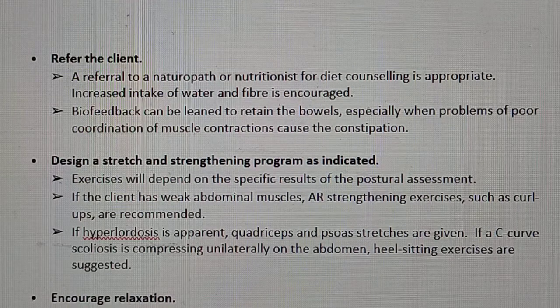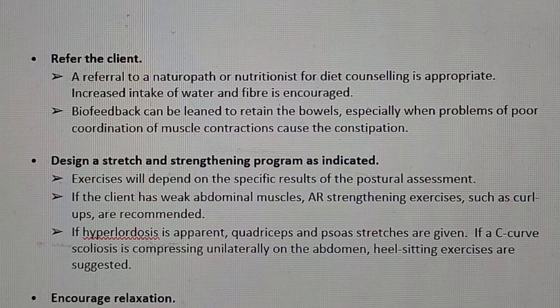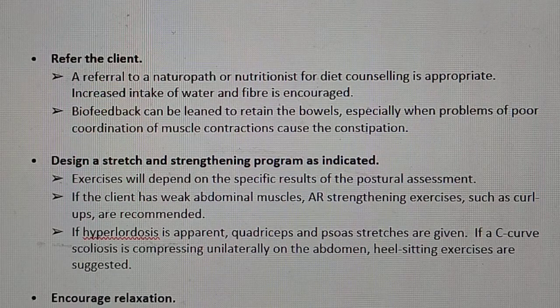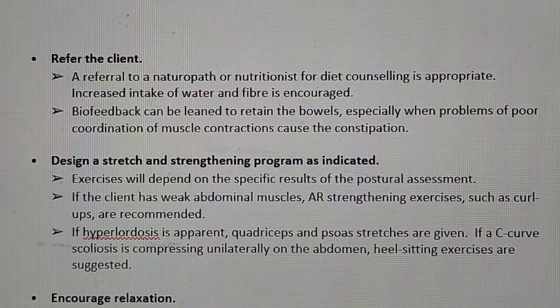If the client has a C curve scoliosis, a curve towards the side, that is compressing unilaterally on the abdomen, then heel sitting exercises are suggested. Just research what heel sitting exercises you can find.